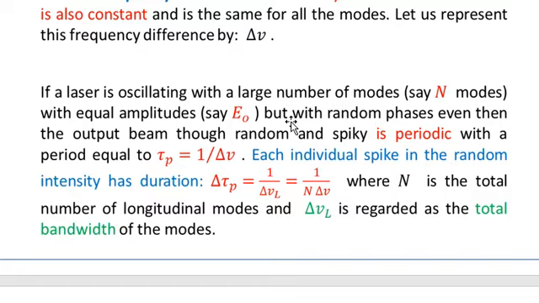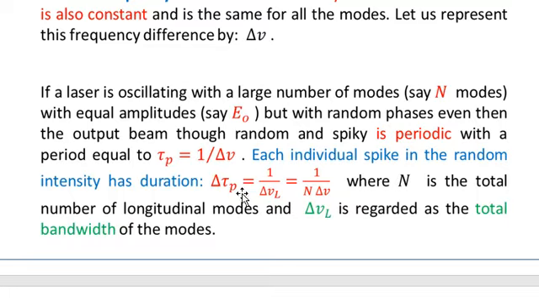Even though the phase relationship between the modes is random, we can observe a periodic output from the laser with a period tau p, which is equal to 1 over delta nu, where delta nu has been defined as the separation between two consecutive modes in the frequency domain.